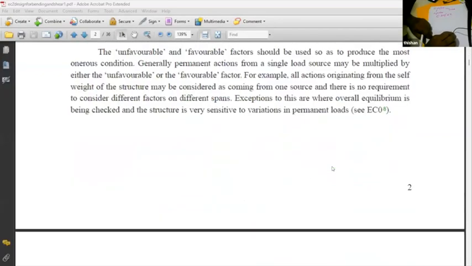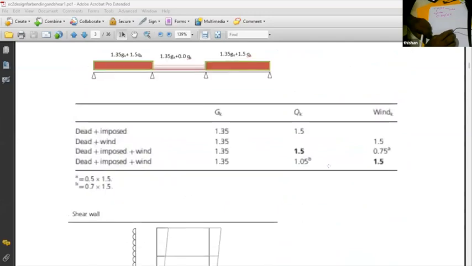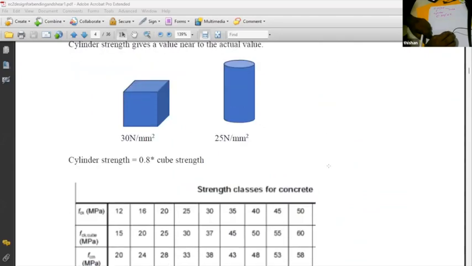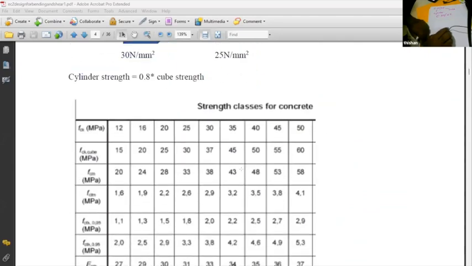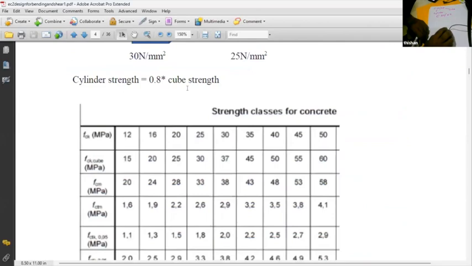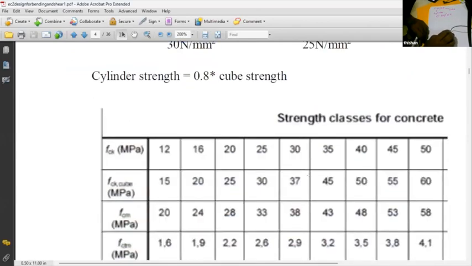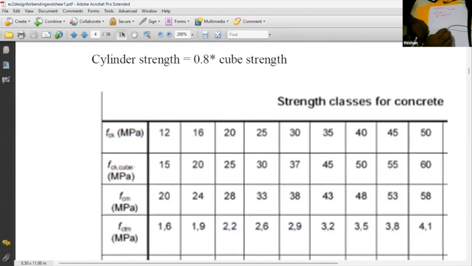If I go down on this note, I can clearly show you. You might see some of the things that you saw last time, but this is the important chart. It lists cube strength and cylinder strength. I will enlarge this a little more so that you can see it clearly. Now you can clearly see the cylinder strength 25 and the corresponding cube strength 30.